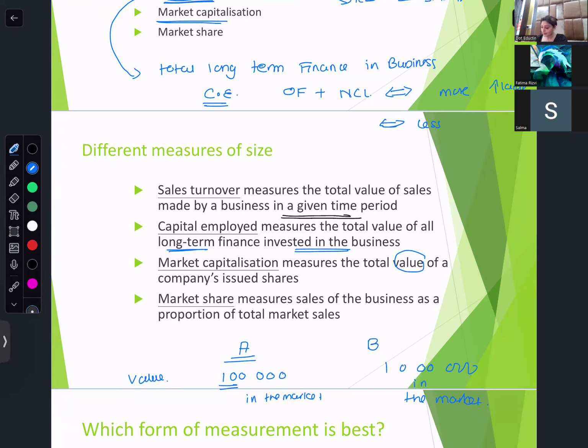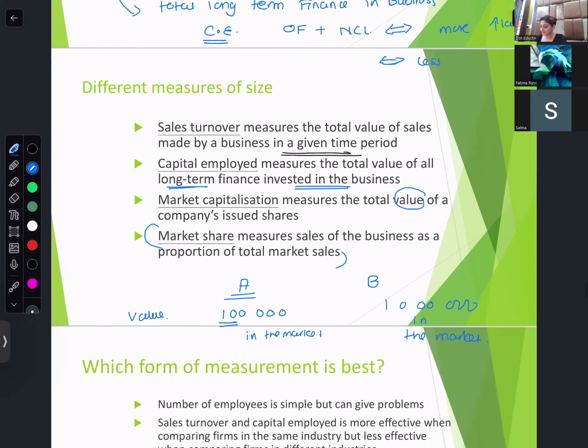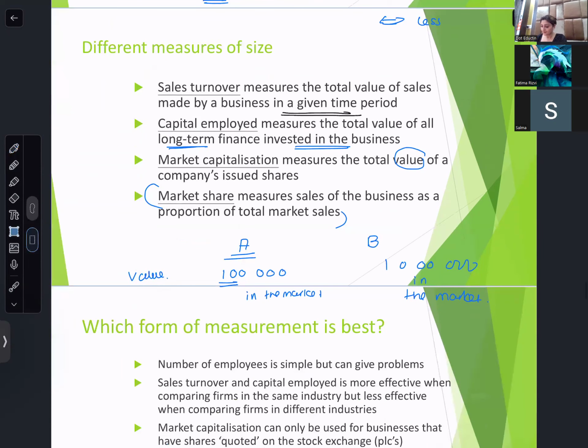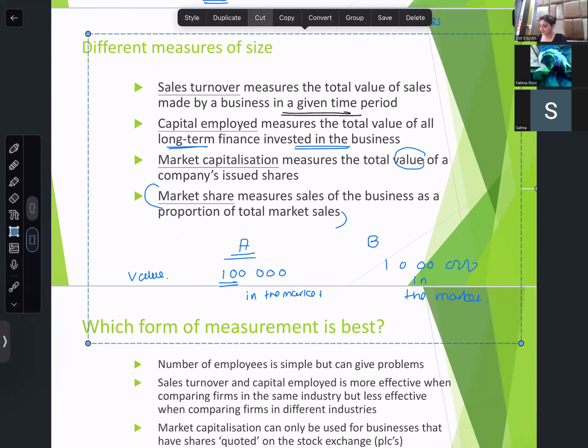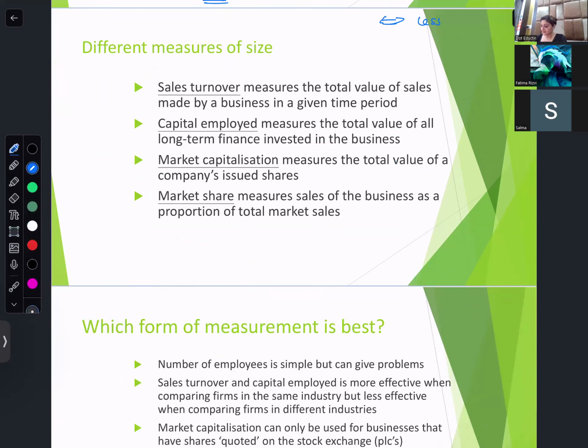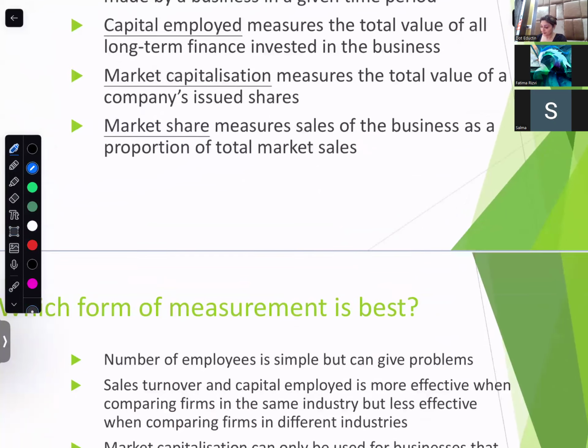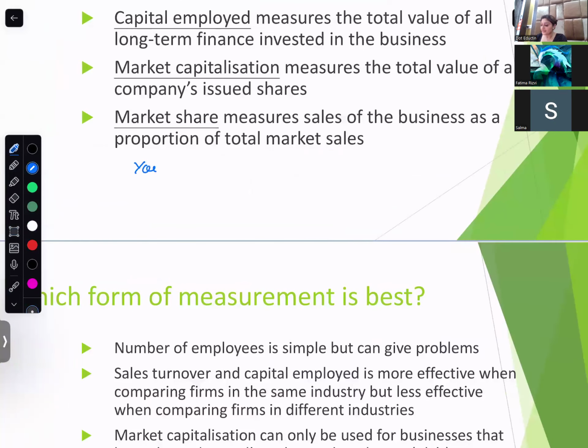Okay. Now, market share. What is market share? Understand this concept, I will tell you. Your company sales, I would say your sales is $10,000. Say you are selling perfumes.